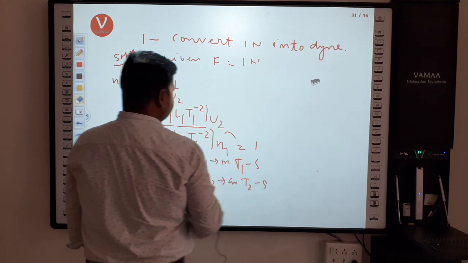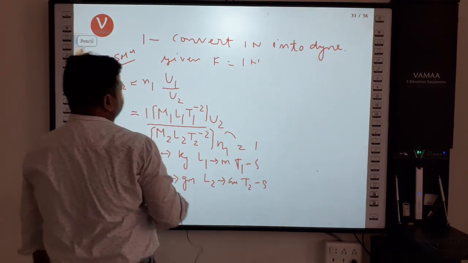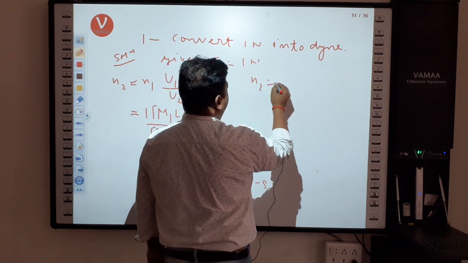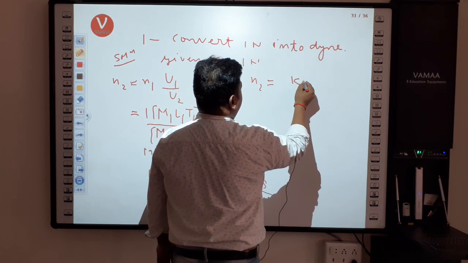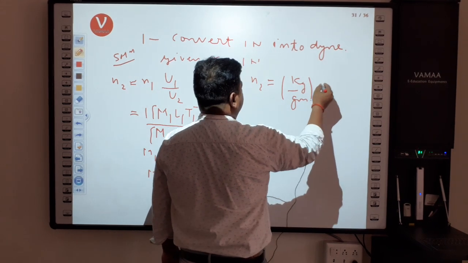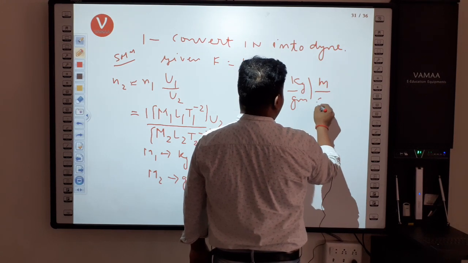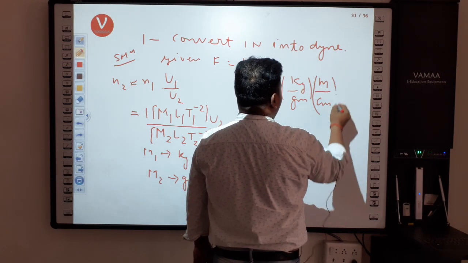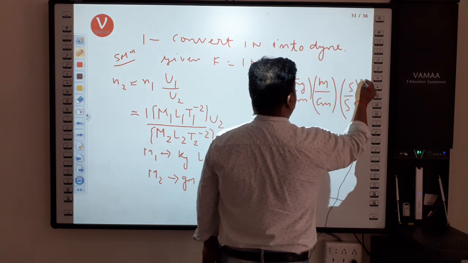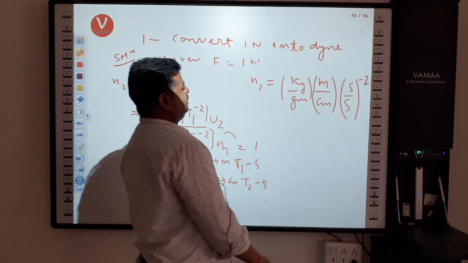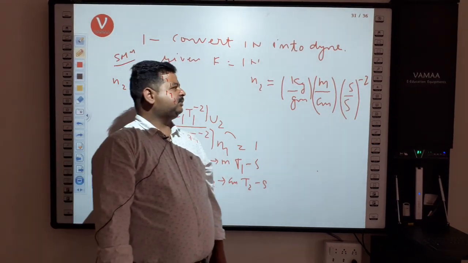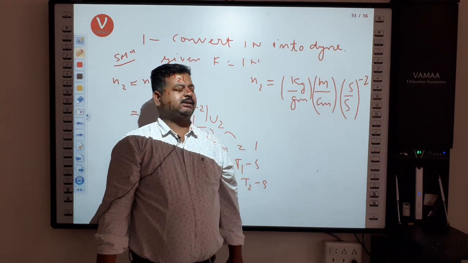Now we put the values in the formula: N2 is equal to kg upon gram, meter upon centimeter, and second upon second raised to power minus 2. We know that 1 kg is equal to 1000 gram and 1 meter is equal to 100 centimeter.